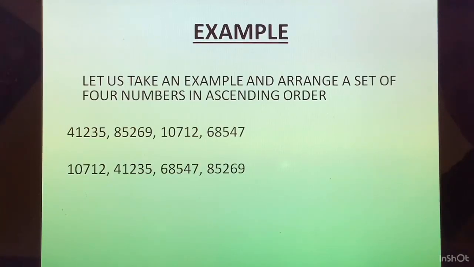Similarly, you can write in descending order. There you will write the greatest number first. In this example, if I ask you, can you tell me the smallest number and the greatest number? Here we'll look at the numbers and the smallest will be the first number here. In ascending order we had written, so the smallest number was the first number and the greatest number is going to be the last number.